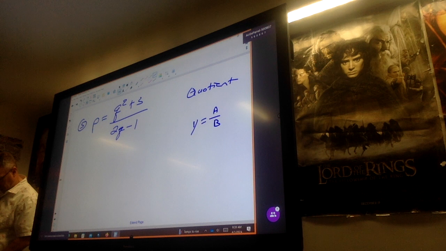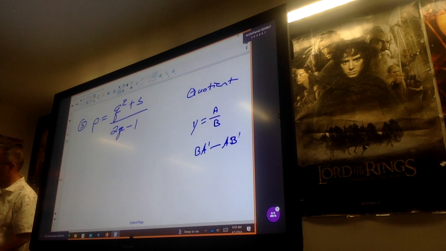Quotient rule is going to be, I'll make it simple. So it's going to be b times derivative of a minus a times the derivative of b all over b squared.